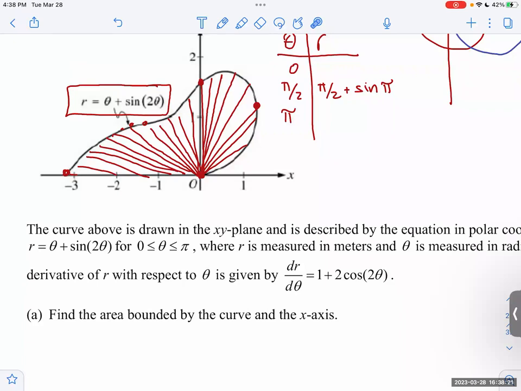Renee also pointed out that in a prior video that I recorded, the 2013 free response on polar, which I can pull up here.